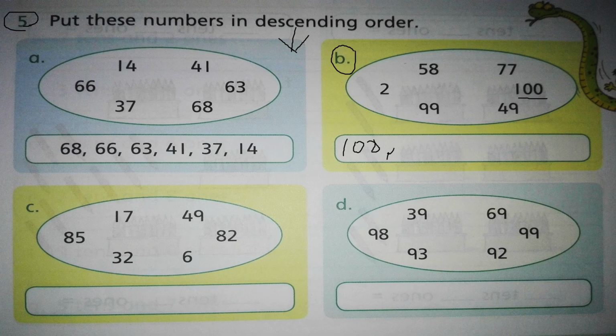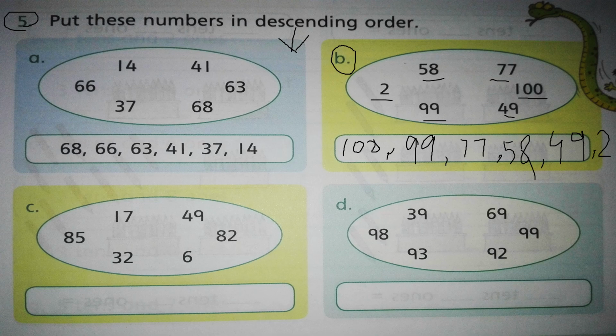After 100, 99. 99, then 77, then 58. After 58, which one is smallest? 49, and at the end 2. So we'll write 2 here. So this is how numbers are written in descending order.